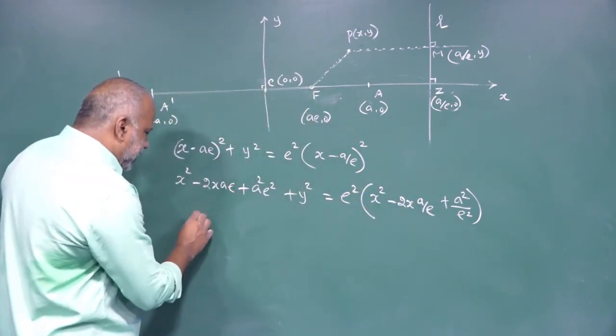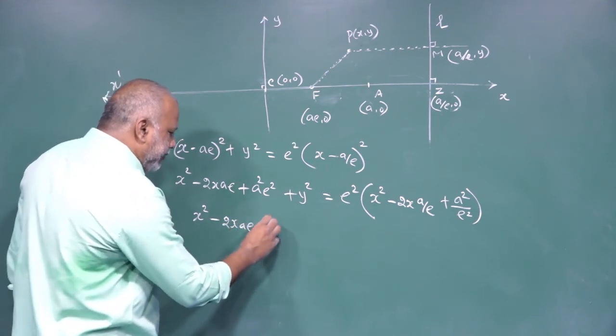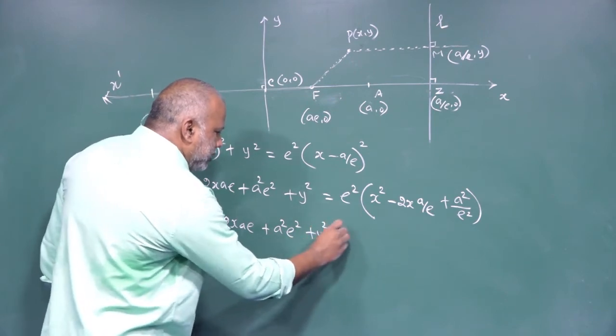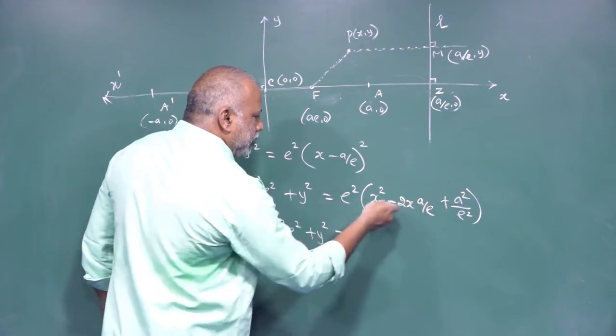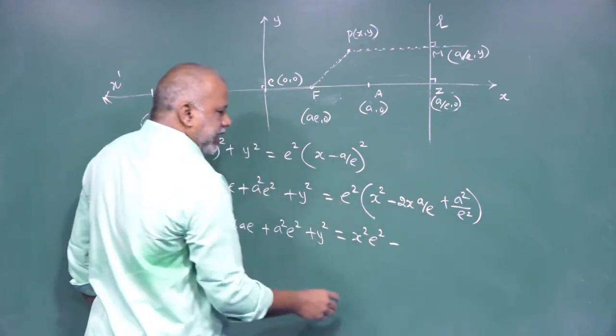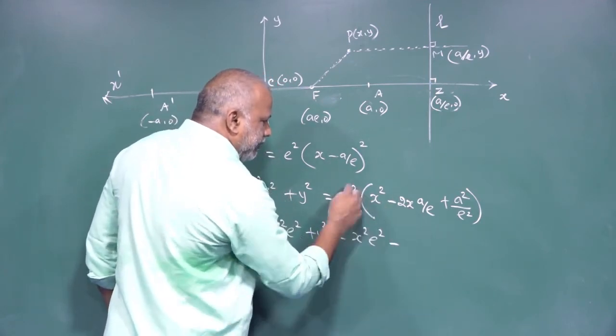Now we can get the result, x squared minus 2x ae, here a squared e squared, here y squared equal to, just open this bracket, therefore e squared going to multiply inside. We can get x squared e squared minus 2x ae, since e squared multiplied with a by e, one e will be removed.